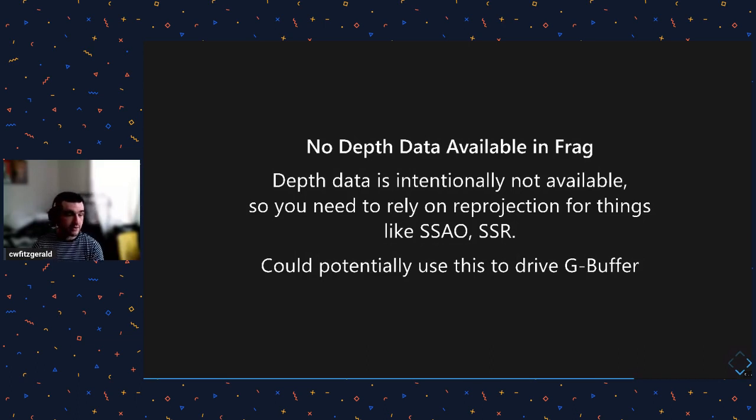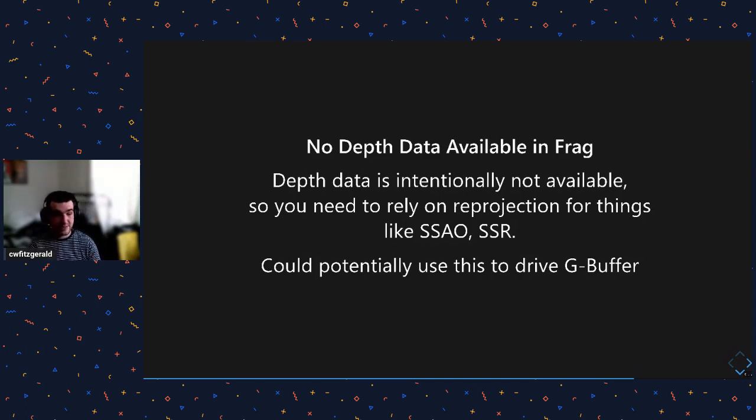However, thankfully, it is fairly tried and true to use reprojection, to use last frame's depth buffer for all of these techniques, and a lot of the techniques are not particularly sensitive to frame over frame discrepancies. So this tends to work pretty well.